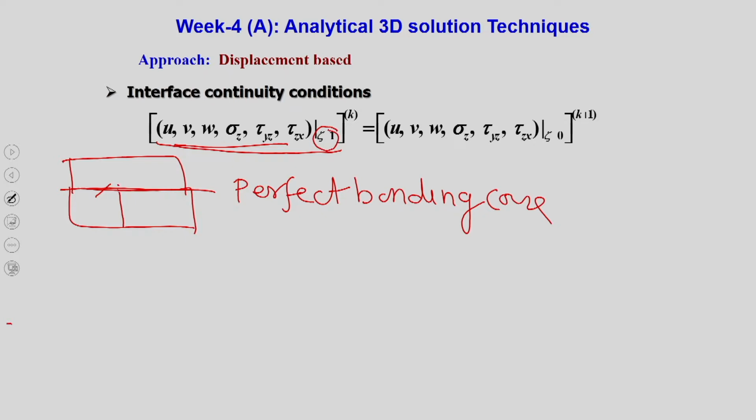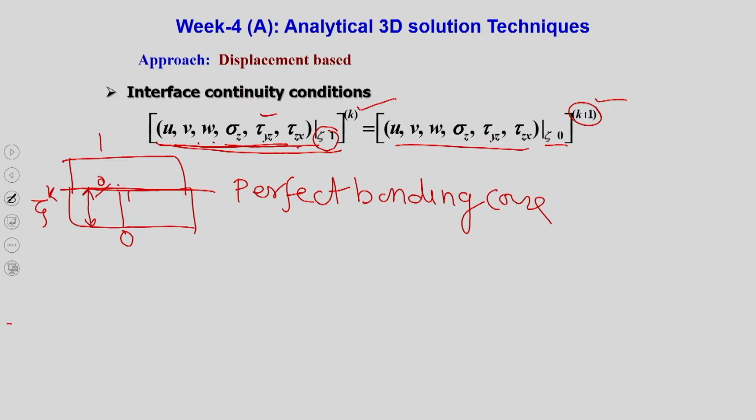So, for that case xi varies with the kth layer parameter. Here xi is 0, then 1, then again for the second layer xi is 0, again 1. So, the bottom layer top u, v, w and the 3 transverse stresses, and the top layer's bottom, xi is equal to 0, the k plus 1th layer, that should match each other.